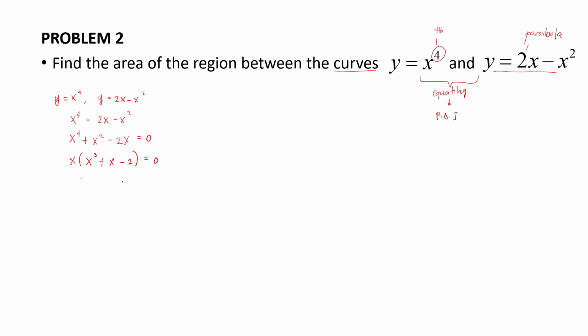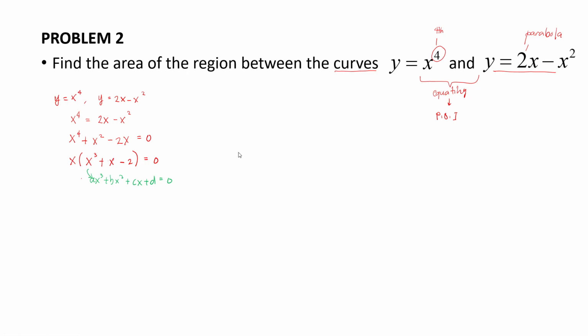Just try looking at the function in your calculator wherein it gives you this format: ax cubed plus bx squared plus cx plus d is equal to 0. So you look for that mode in the calculator first.